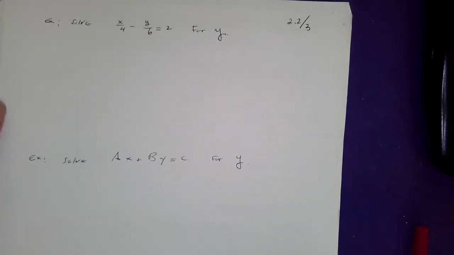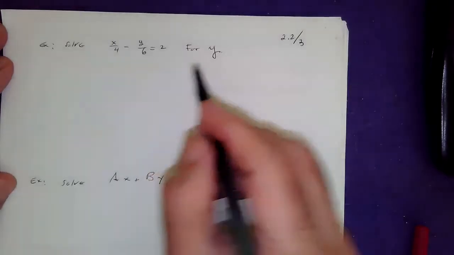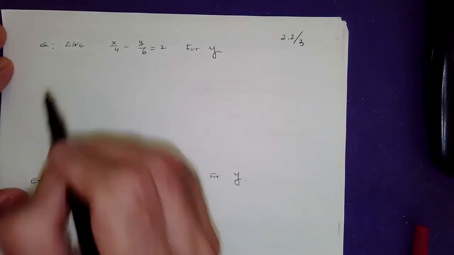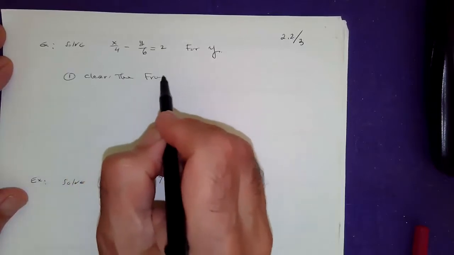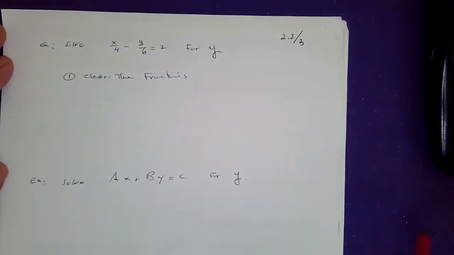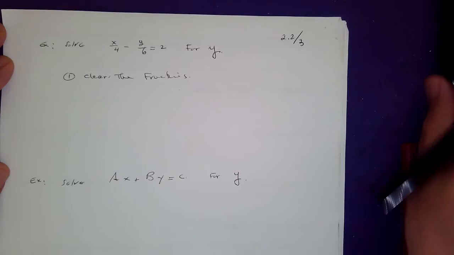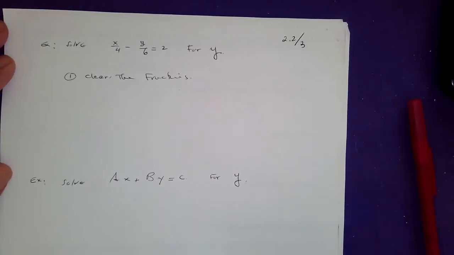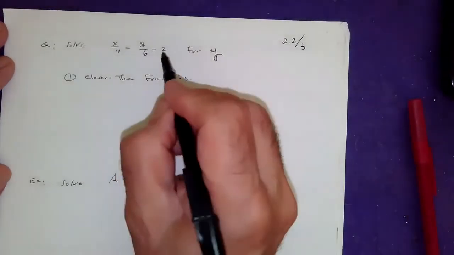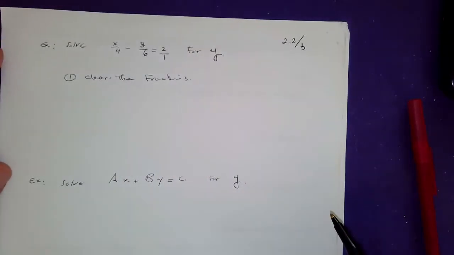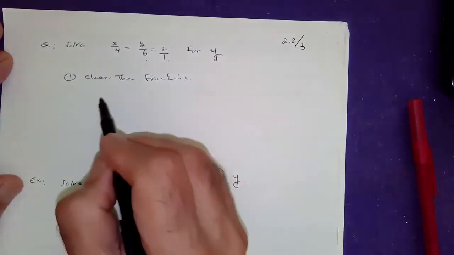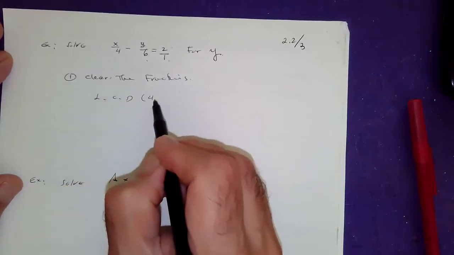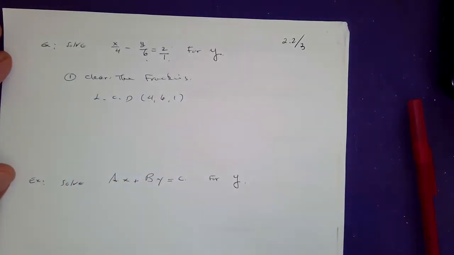So, more examples. Let's say you have to solve this equation for y. First thing I do is clear the fractions, because one of the many things we hate in this class is fractions. So clear them out. How? Give a denominator of 1 to 2. Now you have three fractions: x over 4, y over 6, 2 over 1. Find the lowest common denominator of 4 and 6 and 1.